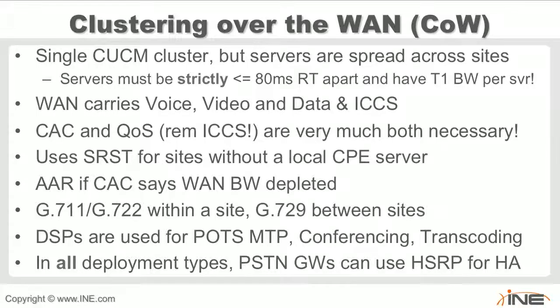And in all deployment types that I've listed so far, I do have the ability for PSTN gateways to also use HSRP for high availability. So I mentioned using HSRP for SRST high availability, but I can use HSRP for PSTN gateway high availability. And in large deployments, that is very much recommended.